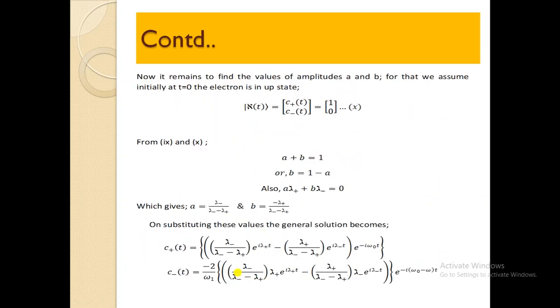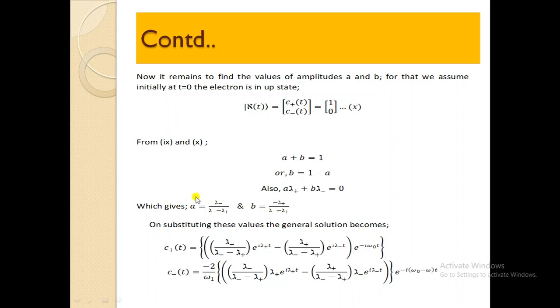So on solving this, a plus b equal to 1 and a lambda plus plus b lambda minus equal to 0, we will get the values of a and b. A equals lambda minus divided by lambda minus minus lambda plus, and b equals minus lambda plus divided by lambda minus minus lambda plus.